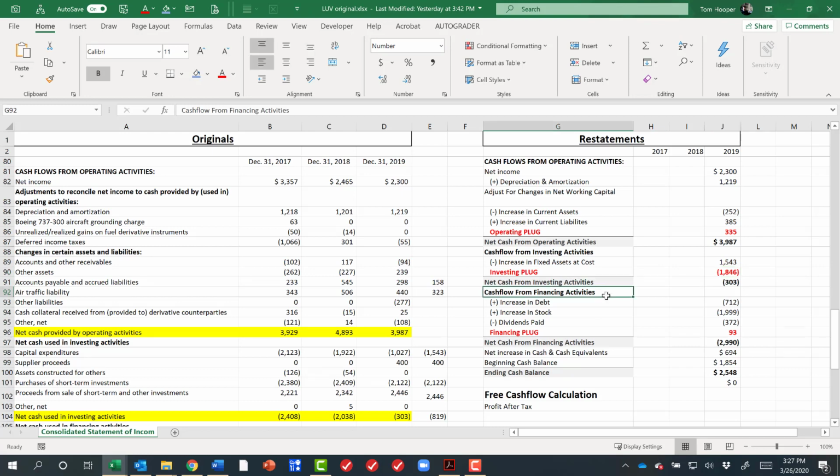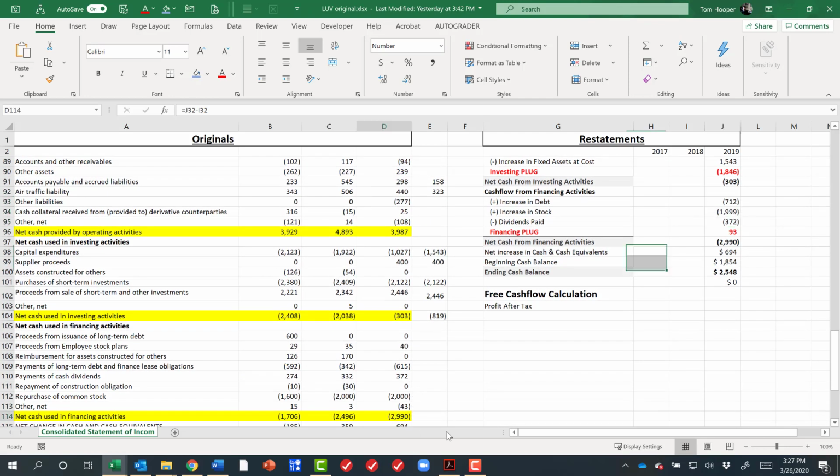When I went down and did the cash flow from financing activities, used our template to see what that should be, I got 3083 versus the number that was published was 2990. So the only plug I needed there was 93 relative to our total there. So I felt pretty good about that.